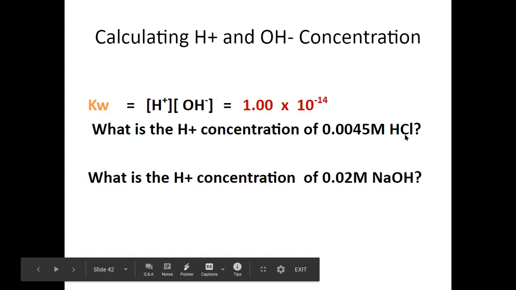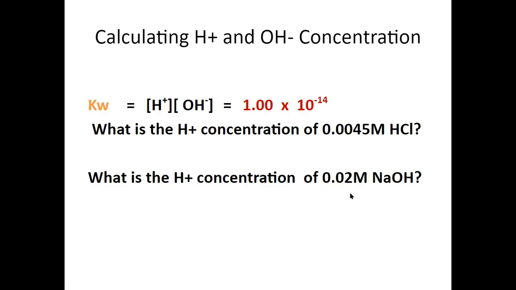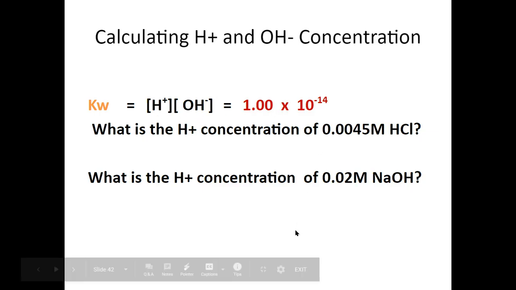Because if it's an acid, that's it. For here, this is a base. So you have to plug this value in where it says hydroxide ion concentration, put it over this, and calculate hydrogen ion concentration that way. If it's not an acid and you see a base, then plug it in and solve for hydrogen ion concentration.